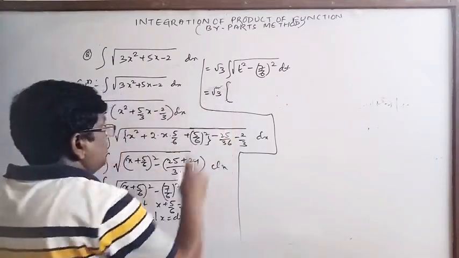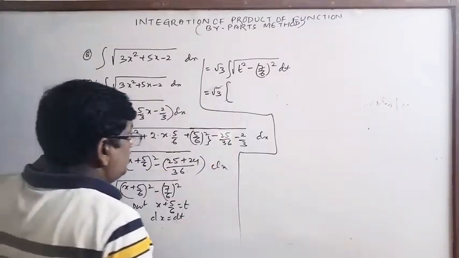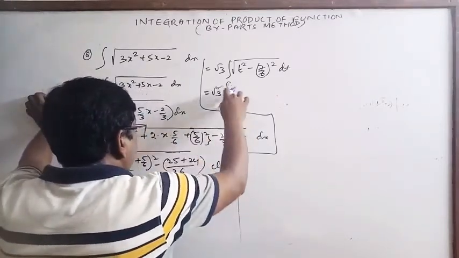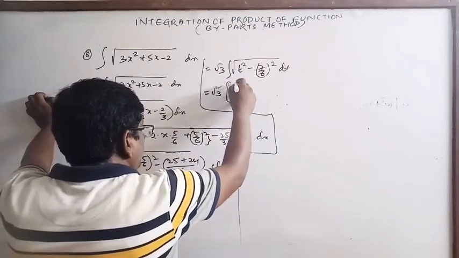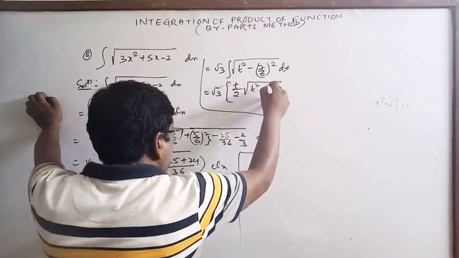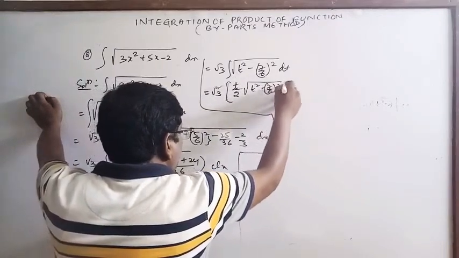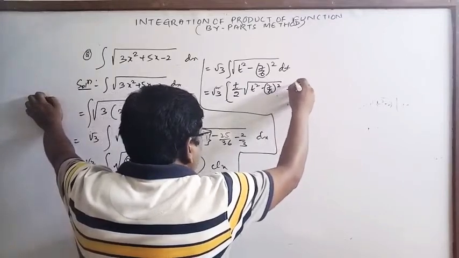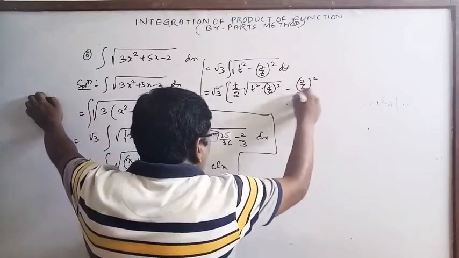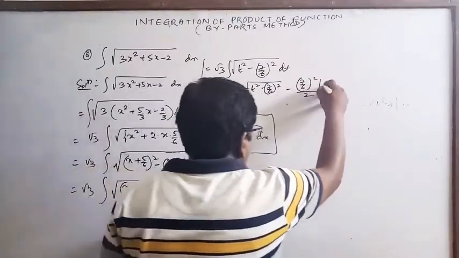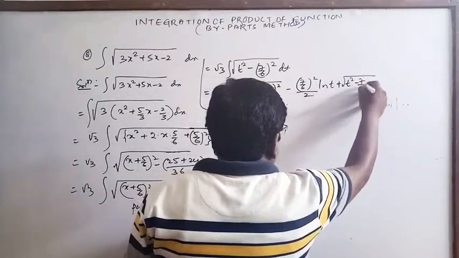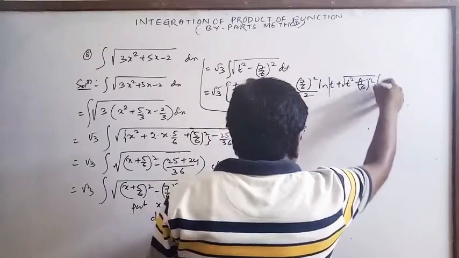This is t by 2 root over t square minus 7 by 6 whole square, minus a square by 2, that is (7 by 6) whole square by 2, into log of t plus root over t square minus (7 by 6) whole square plus c.